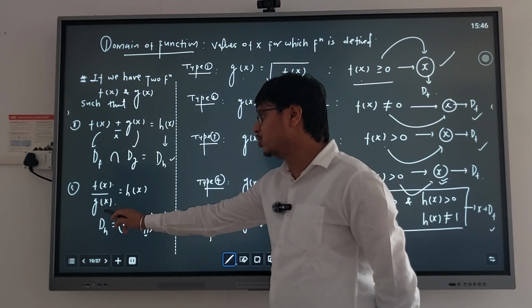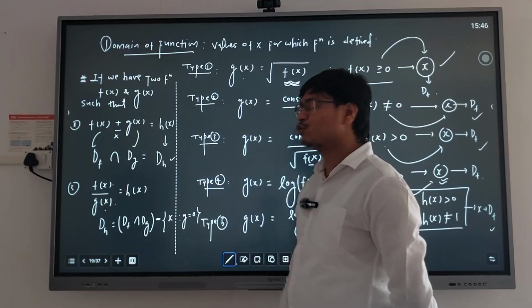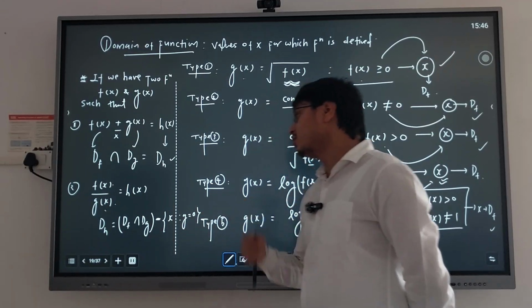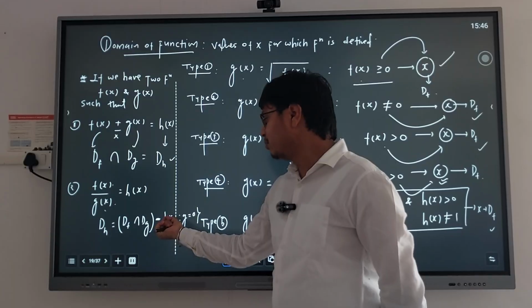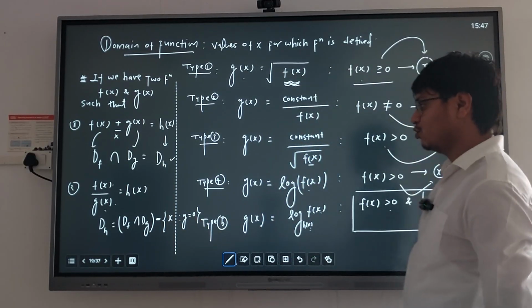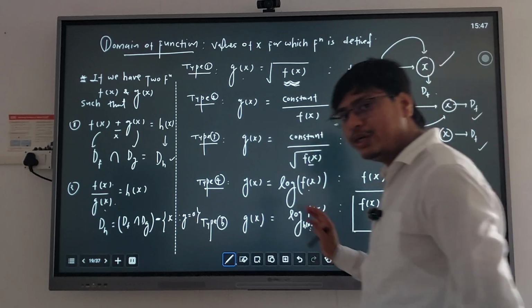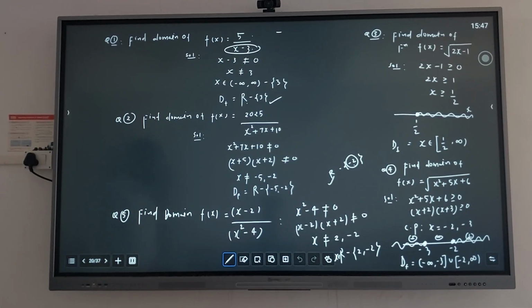But we know that the denominator can never be equal to 0, so we avoid those values of x for which the denominator g becomes 0. Those values of x can be rejected from the intersection. This is a very important point of view for the domain.